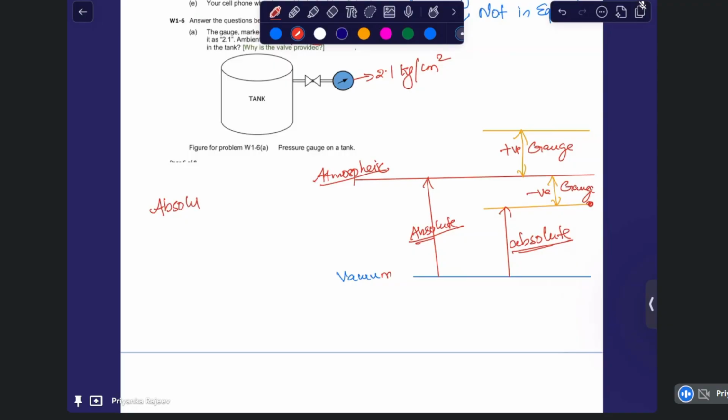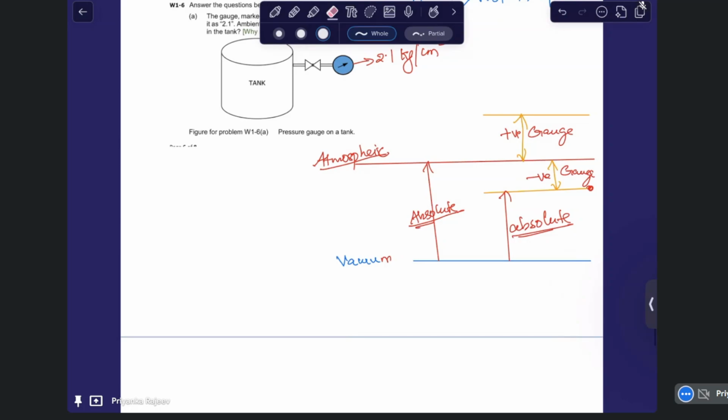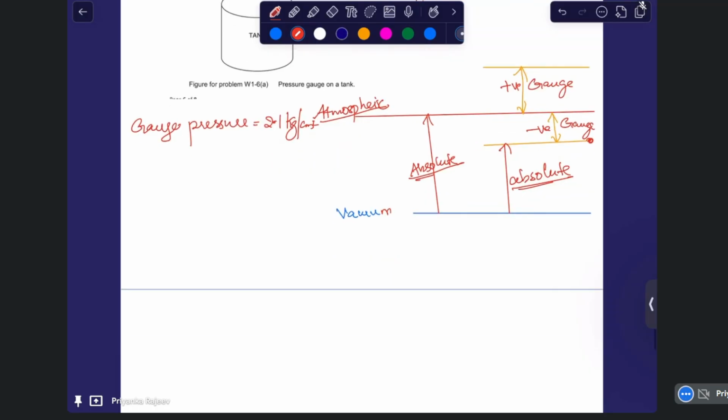We'll first convert everything. So here gauge pressure is given in kilogram per centimeter square. Gauge pressure equal to 2.1 kilogram per centimeter square. Now if you want to convert to SI unit, 2.1 times 98.0665, which is equal to 205.94 kilopascal.